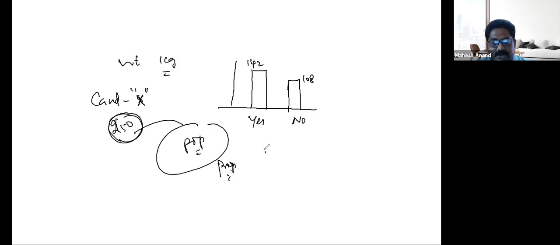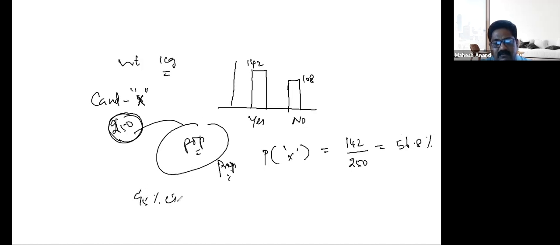So what is the sample proportion? It is 142 out of 250, approximately 56.8%. Now the question is, how do we estimate the population range, the 95% confidence interval of the population proportion?